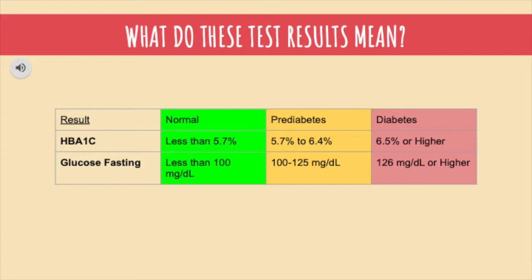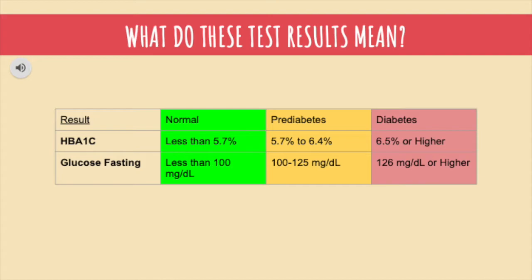What we're looking at here is your HbA1c and your glucose fasting, and there are recommended guidelines on what normal, pre-diabetic, and diabetic ranges are. Even if you want to take a picture of this and keep it with you, it would be a really useful tool to have, just because it does get confusing sometimes to look at these numbers and not know whether it's abnormal, normal, or high.